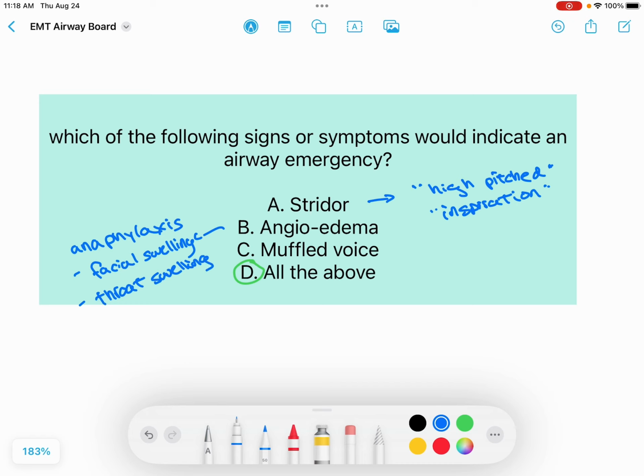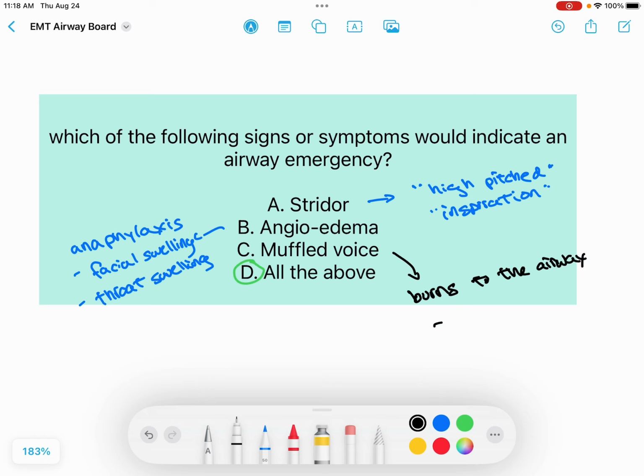We know anaphylaxis or severe allergic reaction can potentially create a complete airway obstruction. Muffled voice, this is an interesting one. So when we think of muffled voice, there's a number of things that can cause this. We can have pharyngeal infections, tonsillar abscesses, but one thing to note, particularly in burn questions, we may have burns to the airway with a muffled voice.